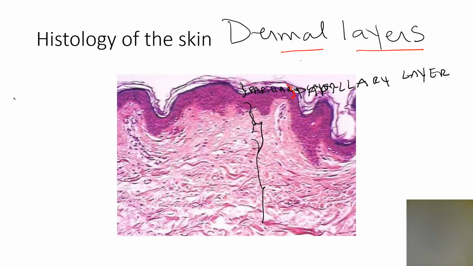The papillary layer is made of areolar connective tissue. This layer is also called the lamina propria. Areolar connective tissue is rich in small blood vessels that support the avascular epithelial tissue above.